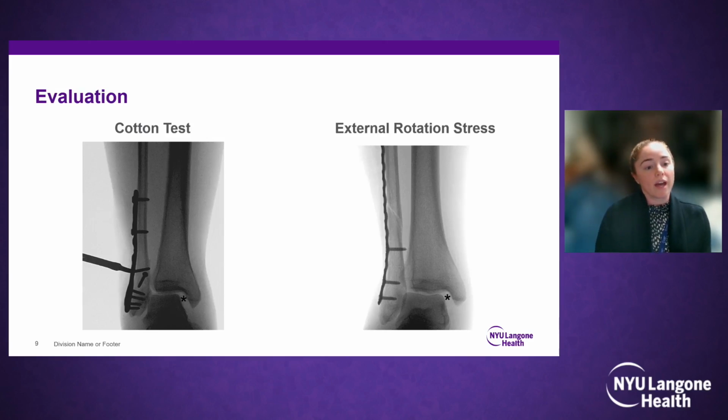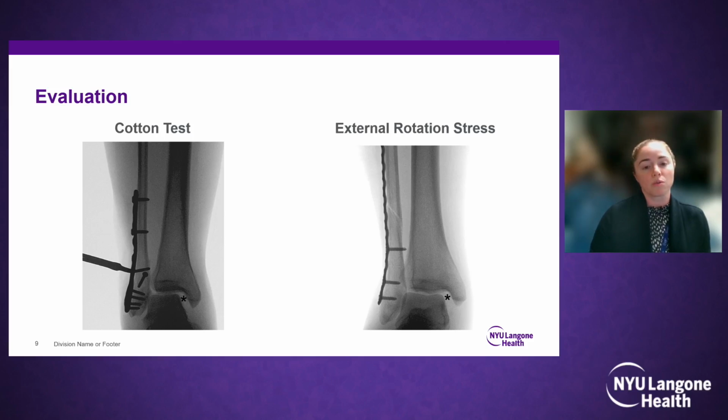So when you're evaluating the syndesmosis intraoperatively, once you've fixed the fibula and you're moving on to fixing the syndesmosis, or determining whether or not you need to fix the syndesmosis, there are 2 different tests that you can do. You can perform the cotton test, which is where you grab hold of the fibula with a clamp of some sort and direct a laterally applied force, and you look at the medial clear space to see if it widens.